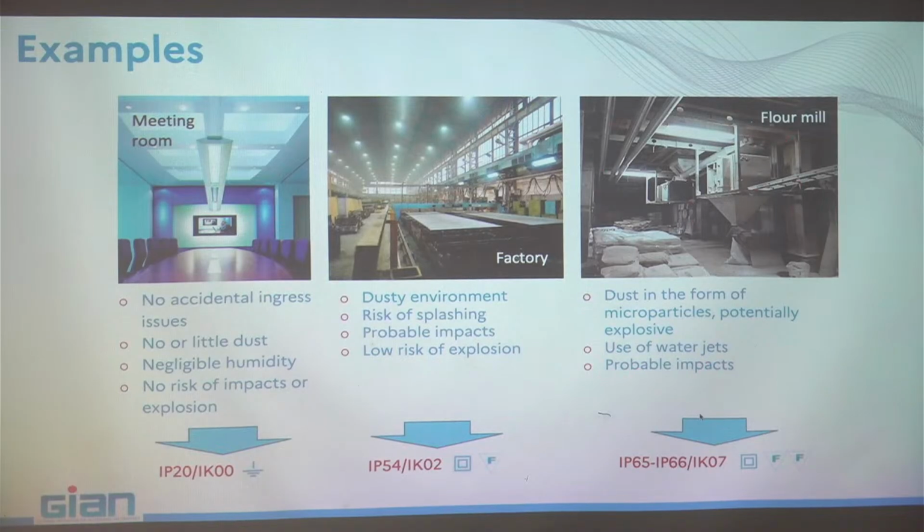Here you are in a severe environment. You need, as you see, IP at least 65, better 66, IK7, protected against water, and 2F for the fire, because you are really in an explosive environment. If you take a petrol station, this 2F is necessary. We can discuss the IK because you don't have projections.